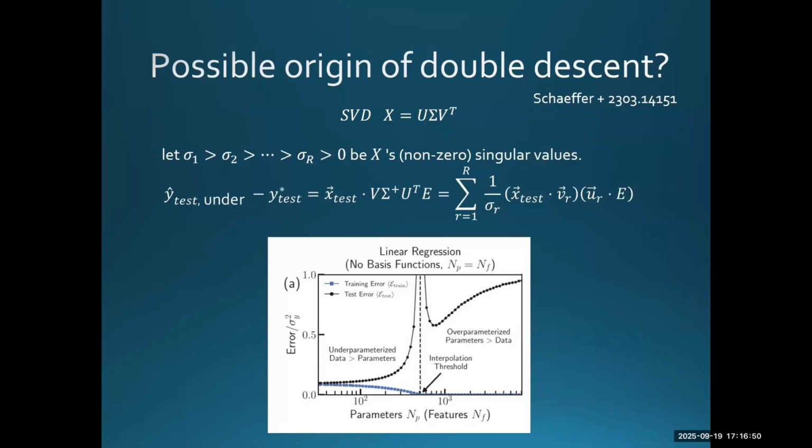And the test error in linear regression can be expressed by this formula. And if the minimum eigenvalue is very small, then this error becomes large. So this interpolation threshold corresponds to this zero eigenvalue. That's one of the ideas.